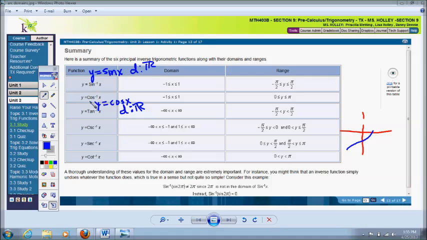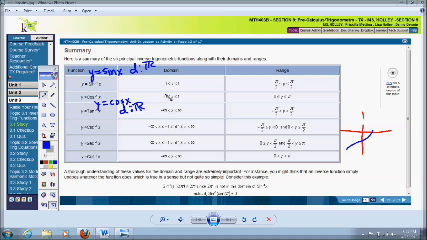But when we have the inverse cosine function, capital C, its domain has to be restricted because of the fact that it just simply won't pass the vertical line test. There are values there that are invalid that restrict it from being a function. So we restrict the domain so that we can make its inverse be a function defined over a specific domain, in this case for cosine x of -1 to 1.